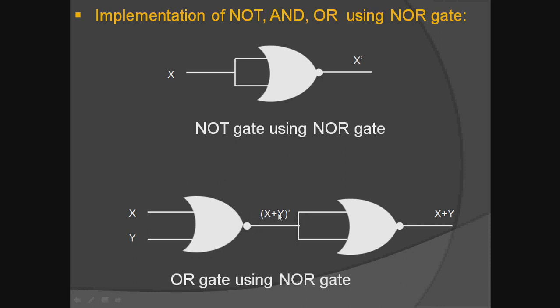So that's why x plus y, the whole complement. And since only one output is generated, only one input has to be passed, so that's why this is joined together. Here, because of this you get another complement, so that is (x plus y complement), the whole complement. According to the Boolean laws, what you get is x plus y. So that's how you get OR gate using the NOR gate.